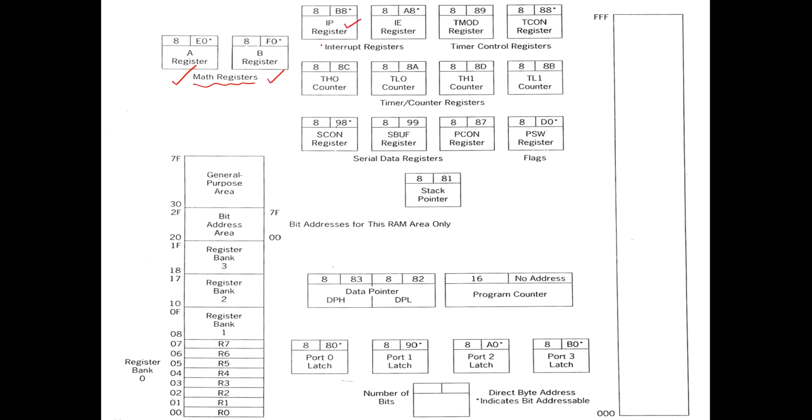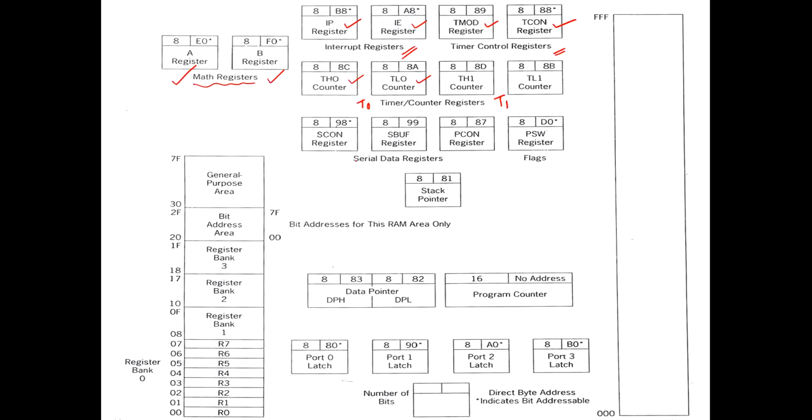Then the interrupt registers, interrupt priority and interrupt enable, and the timer registers, TMOD and TCON. We have the timer registers TH0, TL0, that is timer 0, and TH1 and TL1, that is timer 1. We have two timers.